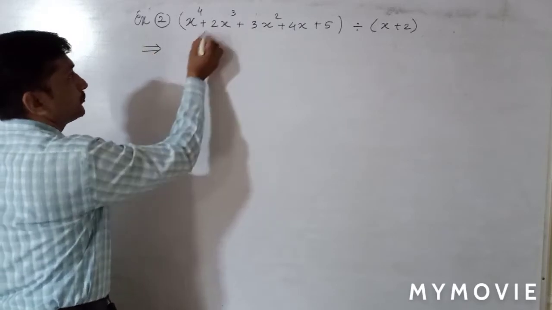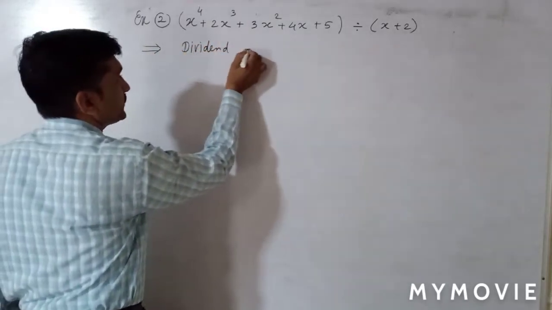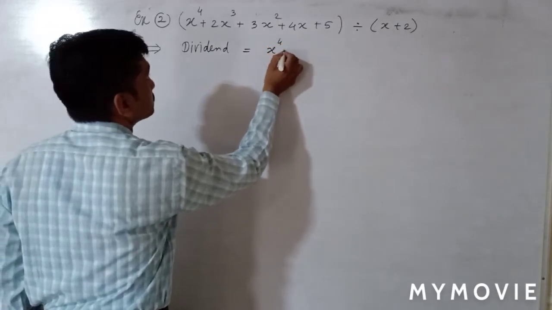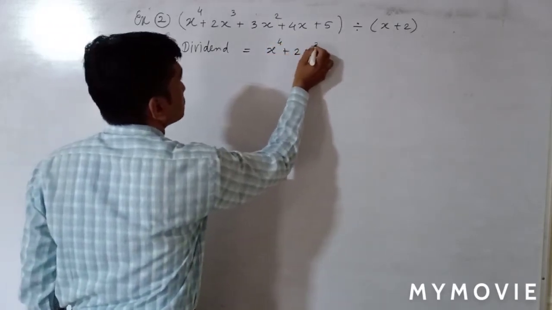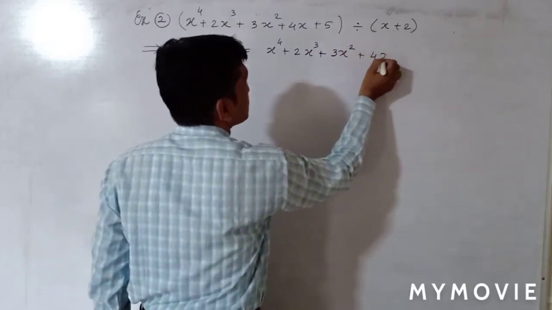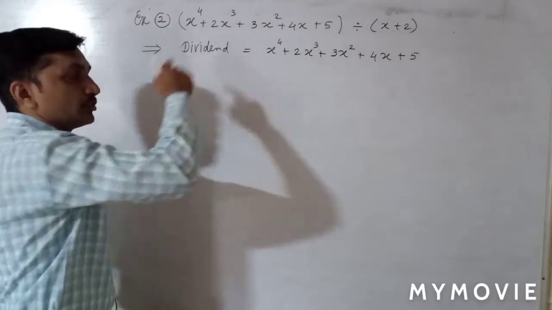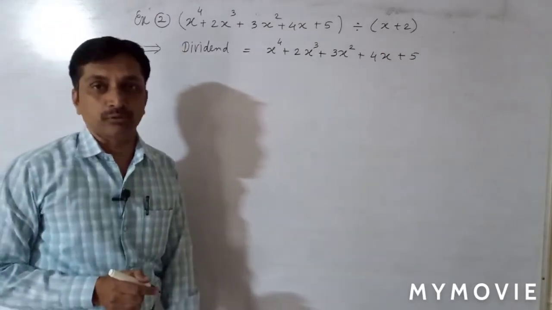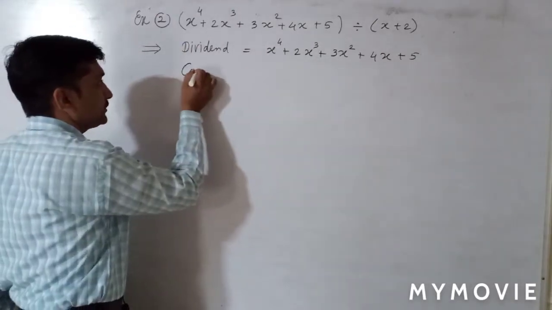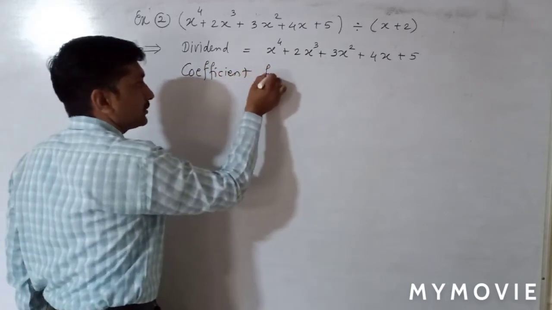Solution. First write the dividend. Dividend is x raised to 4 plus 2x cube plus 3x square plus 4x plus 5. We want this dividend in coefficient form, therefore write it in coefficient form. This is compulsory.